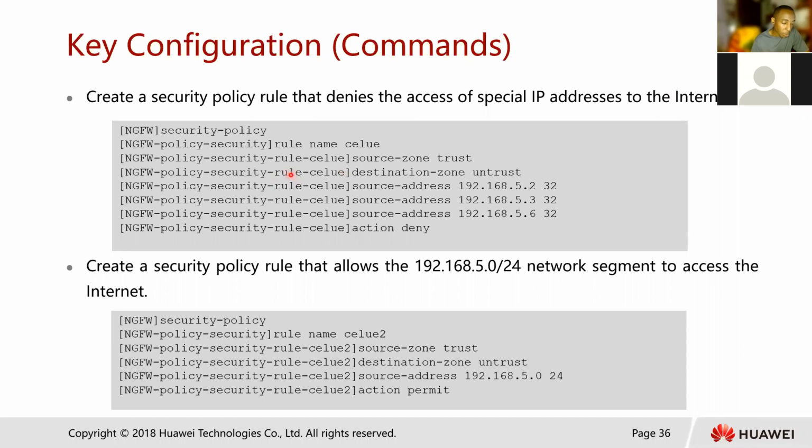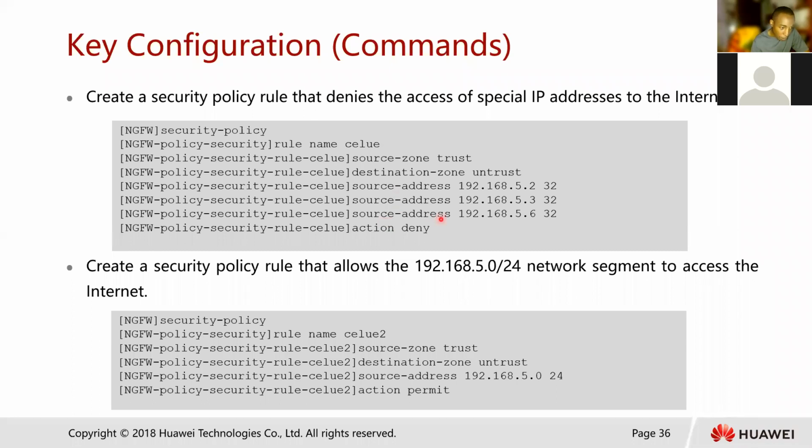Then we have the source zone, which is the trust zone. So this policy will be applying from trust to untrust, right? Then we have the destination zone and the source address.